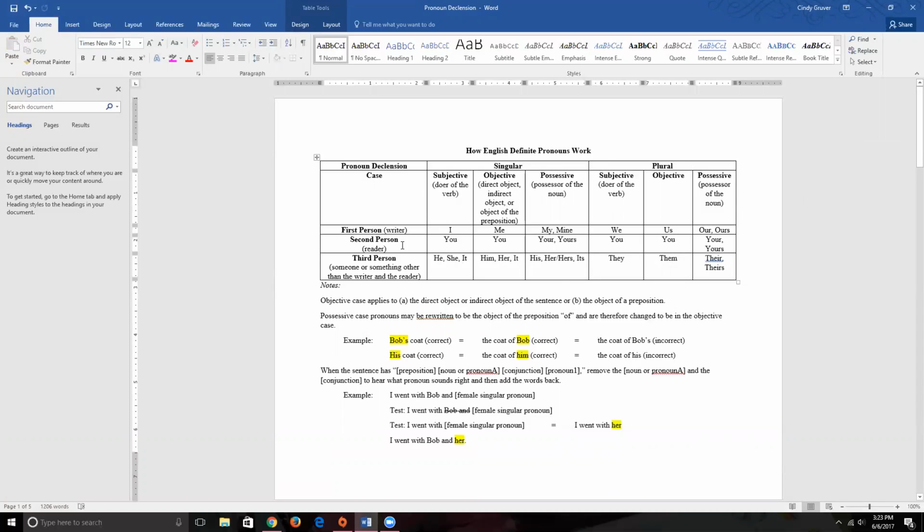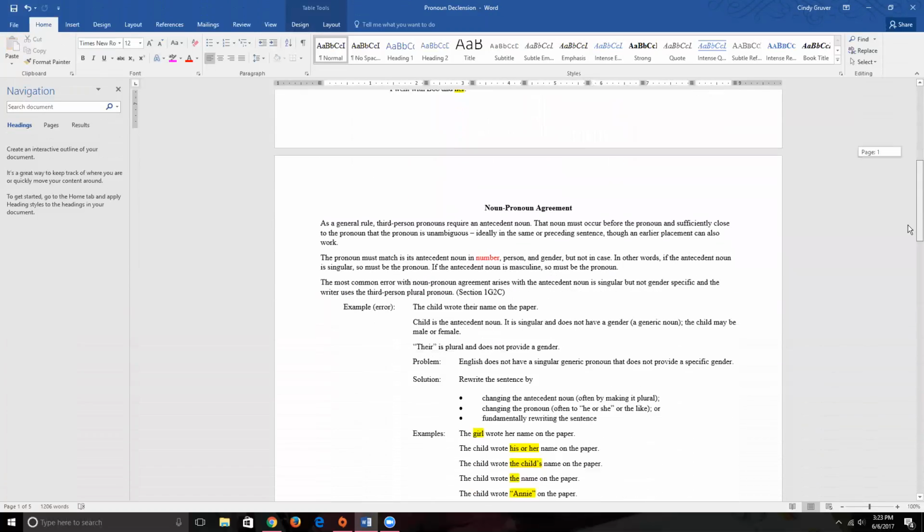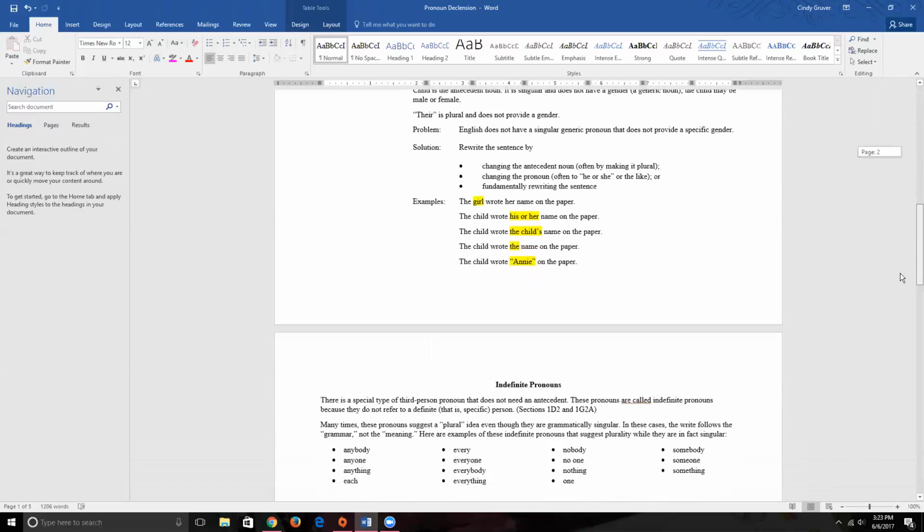The definite pronouns, when you were in grade school and your 3rd grade teacher was saying, this is a pronoun, he or she said, I, me, my, you, your, he, she, it. Those were the pronouns that you were told were pronouns, and they absolutely are pronouns. But they're not all of the pronouns that exist.